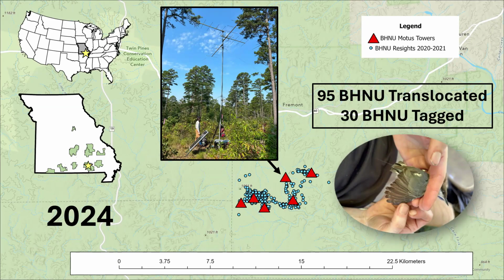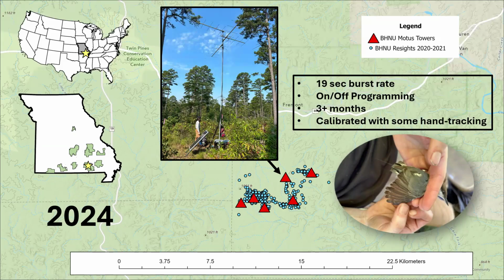And so we wanted a finer scale detection rate to get at that question of whether these birds are leaving, because while we could hand track them, this is a very large area for 2 or 3 people to hand track. And we weren't that successful finding birds well outside this kind of core area.